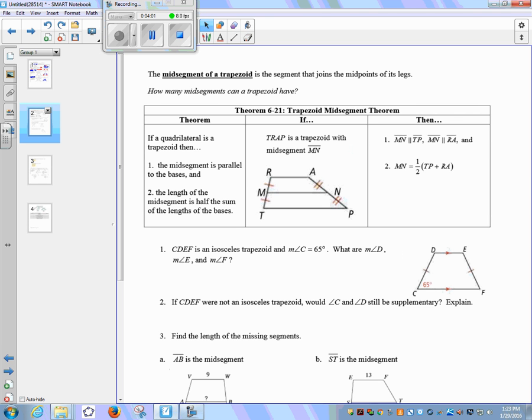Okay. The midsegment of a trapezoid. Now this is for any trapezoid, not just isosceles trapezoids, but the midsegment of any trapezoid is the segment that joins the midpoints of its legs. Sound familiar? Hopefully. Remember, the midsegment of a triangle was something that we learned before.